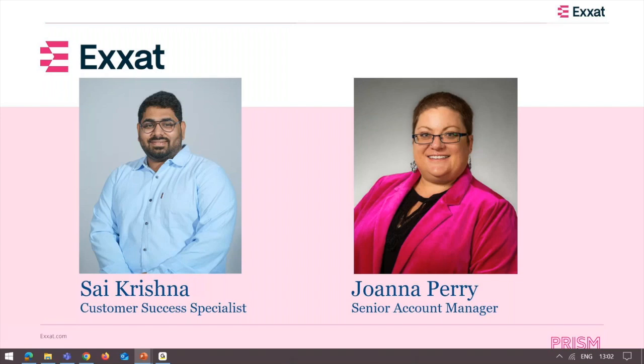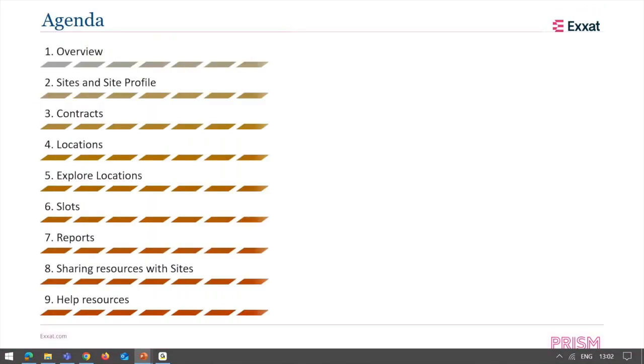Before we get started, I would like to take a moment and walk the team through the agenda of today's meeting. We will be covering an overview of what sites and locations are, how we add sites, how contracts and affiliations are added, and how we manage locations within the system. If you are planning to see those locations on a map view, I will show how we can view the explore locations, and also how to capture availability from sites, which are slots.